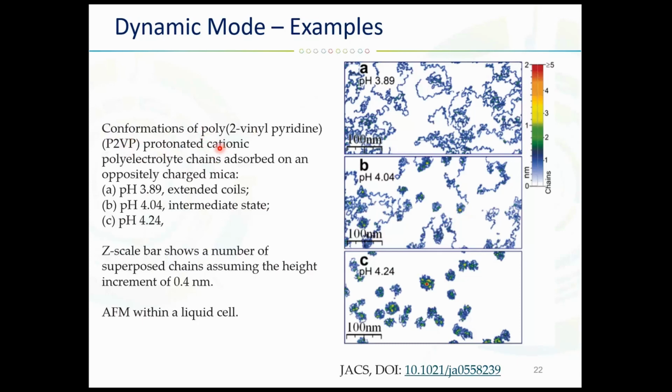When it is protonated and in liquid, it can change its conformation in the medium when we change pH. So here the pH is 3.8, sorry, 4 and 4.2. This protonated polymer is a weak hydrophobic polyelectrolyte, and water will be a poor solvent for this polymer.